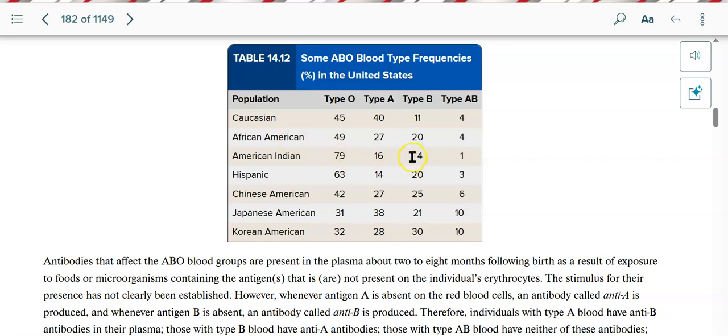Type B is less common in American Indians, who are by far 79% type O. In the Hispanic population, you'll see more type O at 63%, less type A, only 14%, and 20% type B. So just some interesting differences there.